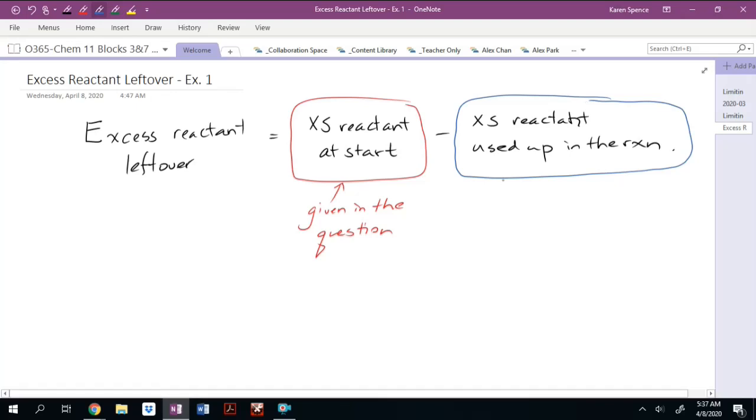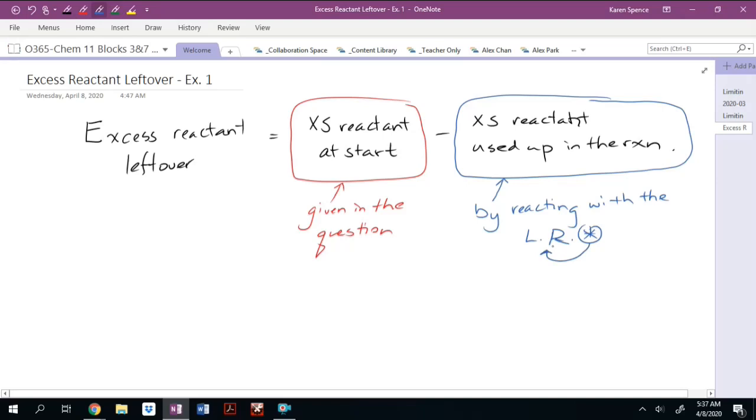So you are going to calculate how much excess reactant gets used up by reacting with the limiting reactant. So you're actually going to use the limiting reactant to calculate how much of the excess reactant gets used up. So we'll come back to this as we get to that point in our example.